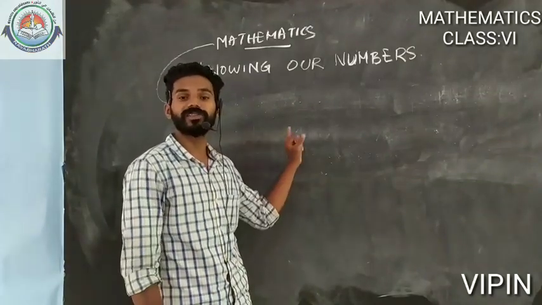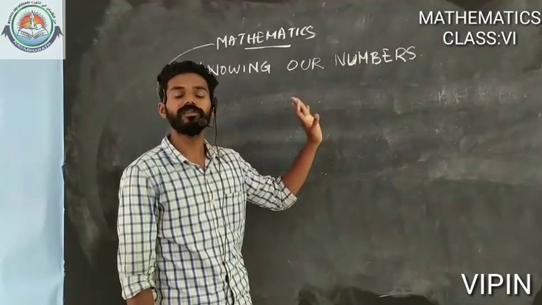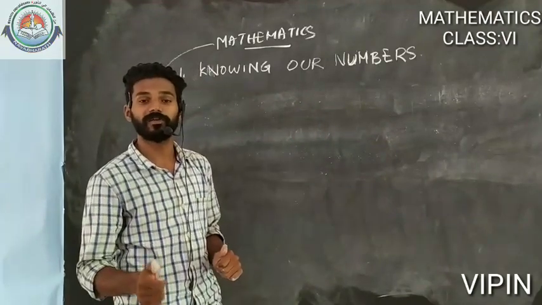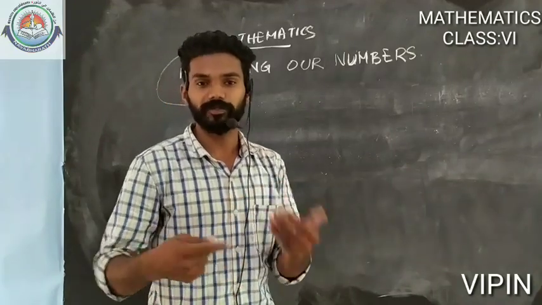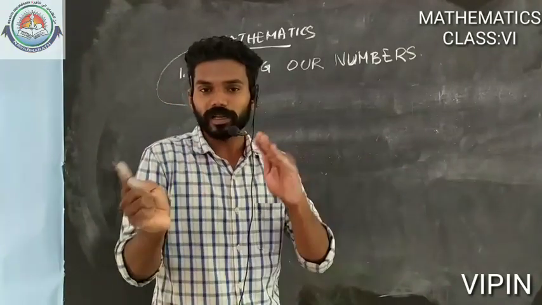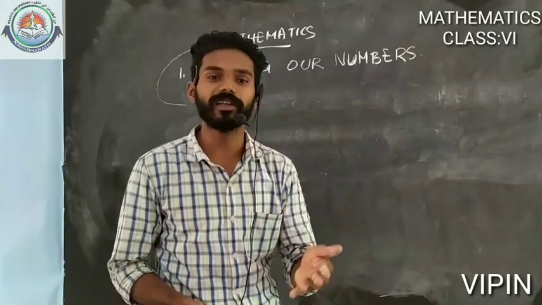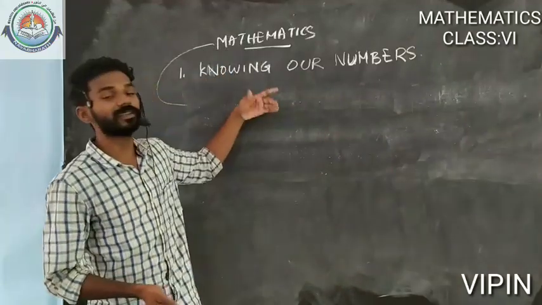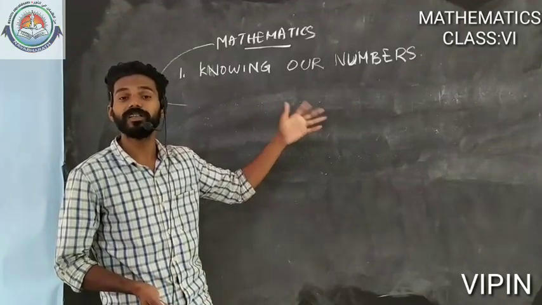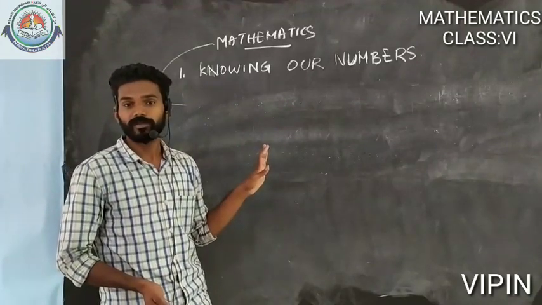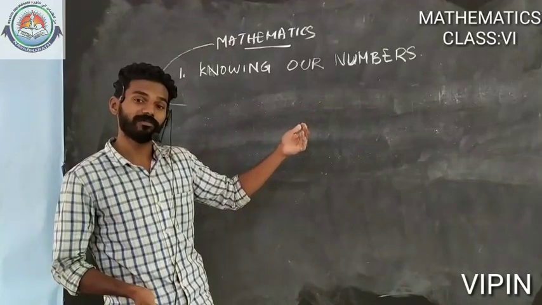Which ones are those? 0, 1, 2, 3, 4, 5, 6, 7, 8 and finally 9. These digits are repeatedly used, or they are arranged in different manners so that different types of numbers can be formed in decimal system.